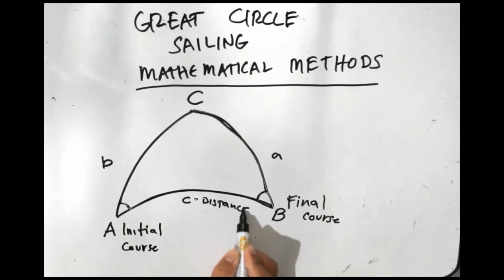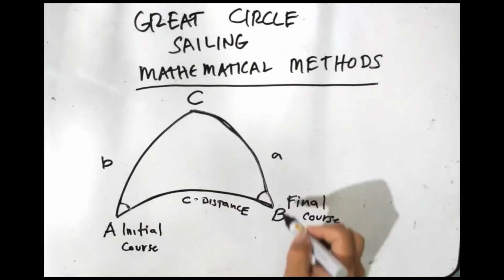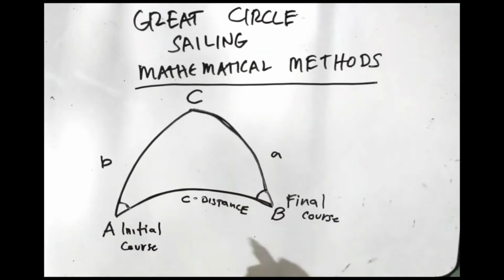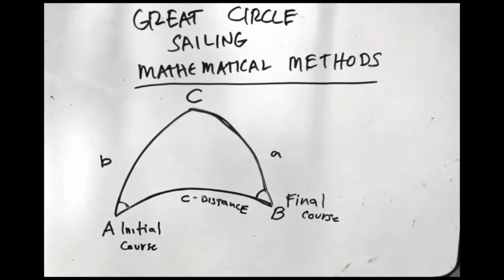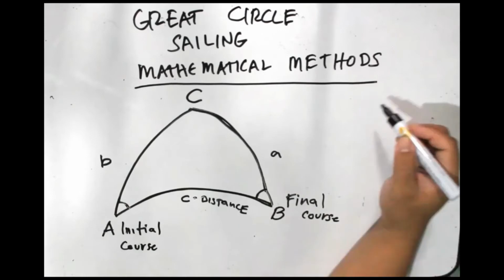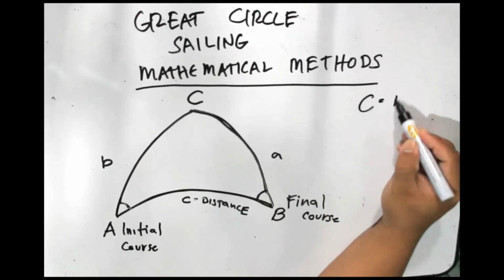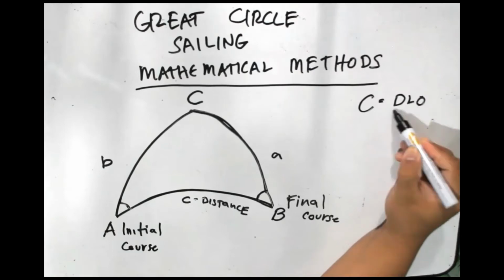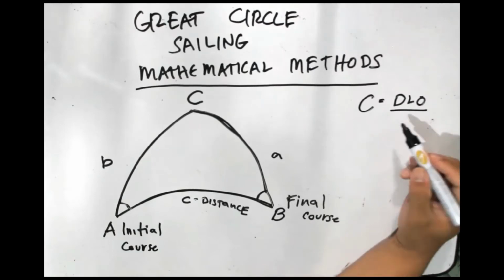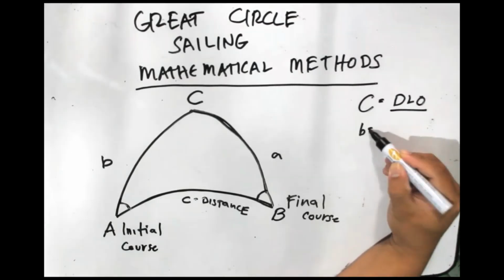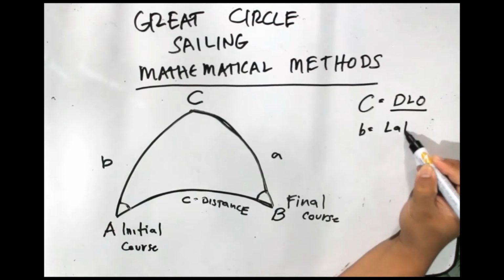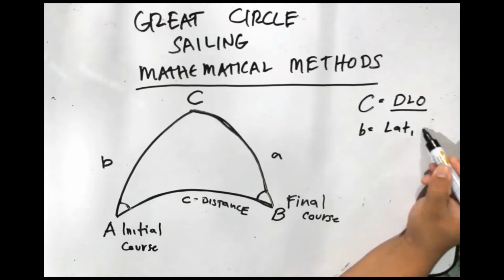So from here, sa spherical triangle na yan, we will derive some information here. So yung capital C na yan ay this would be your DLO, or your difference of longitude. The small b will be your latitude 1 minus 90.